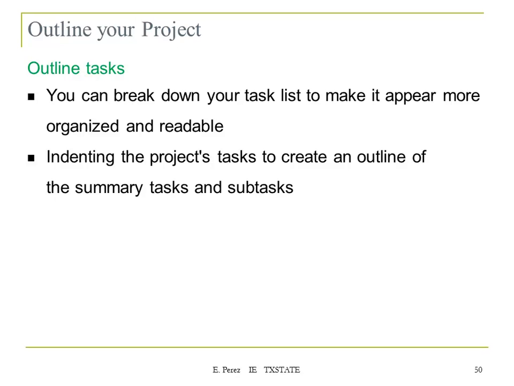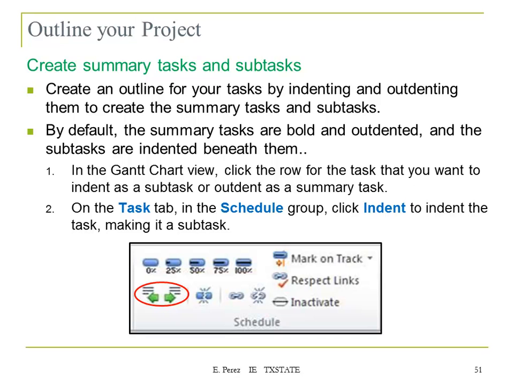In the project, create an outline of summary tasks and subtasks by indenting and outdenting your tasks. By default, the summary tasks are bold and outdented, and the subtasks are indented beneath them.